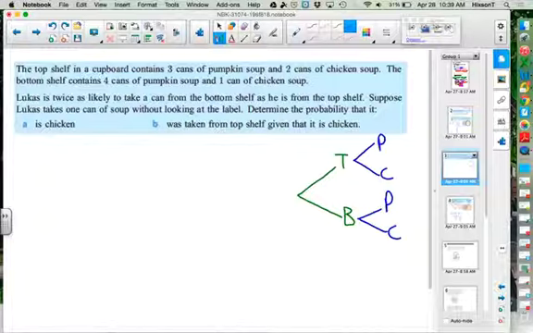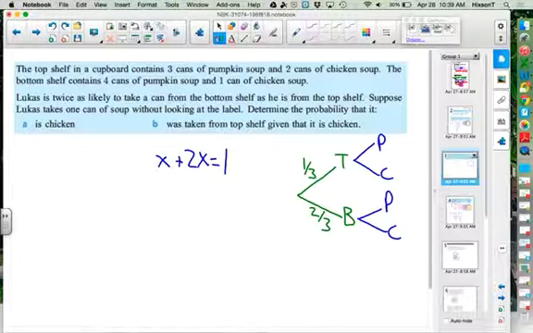Because the probability he picks the top shelf plus double that, giving us the probability he picks the bottom shelf, has to add up to 100% or 1. Those have to add up to 1. So what's the probability he picks the top shelf? The top is one third. The bottom is 2/3.